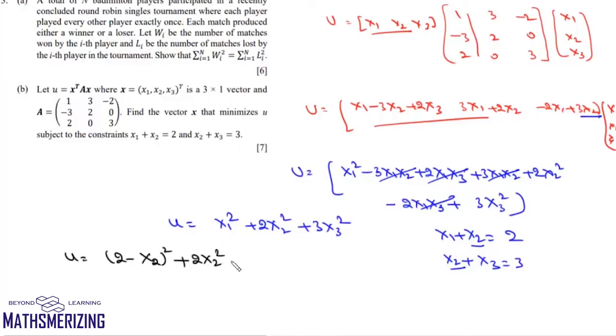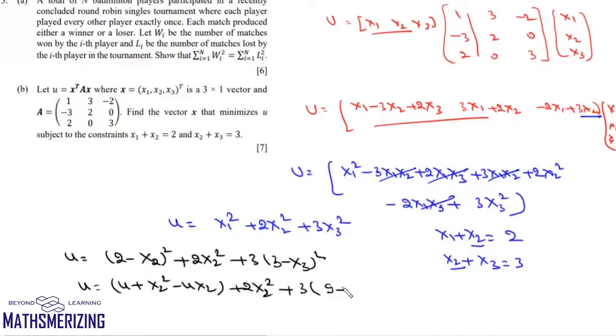It'll be 2x2 square plus 3. Now x3 will be 3 minus x2, squared. So it'll be 4 plus x2 square minus 4x2 plus 2x2 square plus 3, and it'll be 9 plus x2 square minus 6x2.